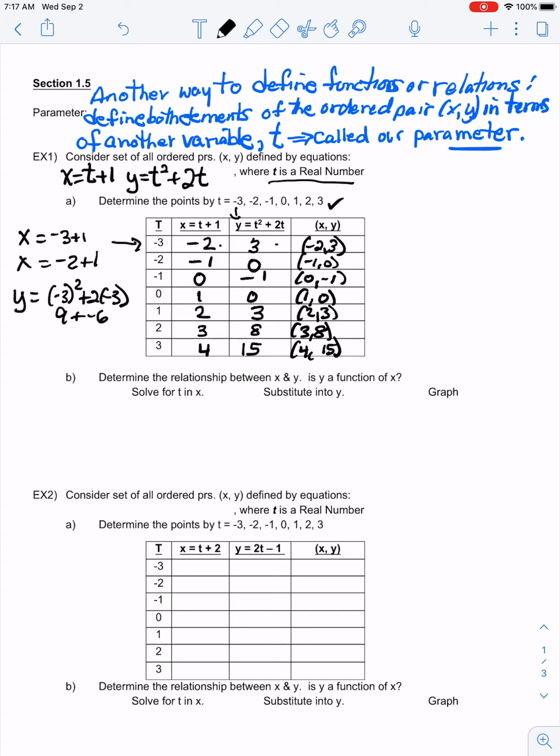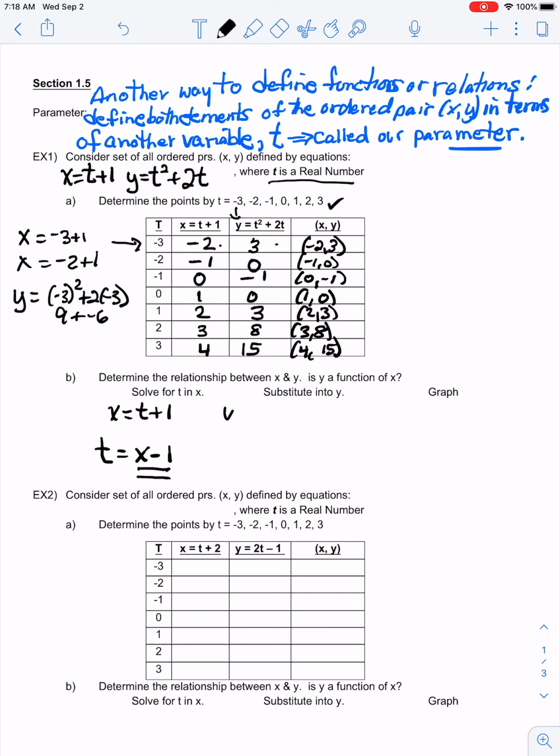All right, so now to determine the relationship between x and y, and then we want to see if y is a function of x. Okay, so now we're going to take and solve for t in terms of x. So if we know x equals t plus 1, and we solve for t, t is going to equal x minus 1. Okay, we're going to take that x minus 1 and substitute it into the y equation.